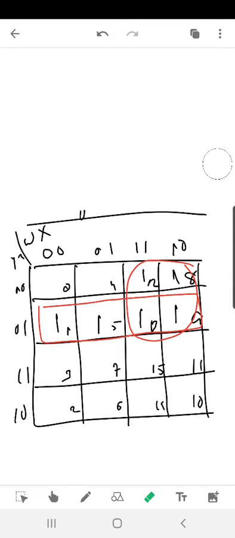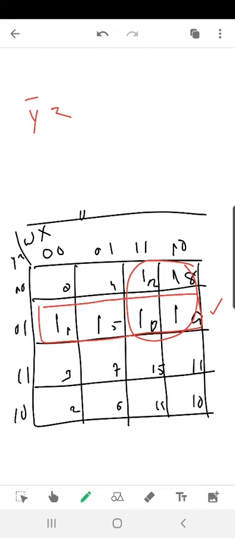Now we will write the minimized expression for this K-map. First of all, let me talk about the group from cell number 1, 5, 9 and 13. When we see the row, the row number is same for all the ones, so it will become y bar z.